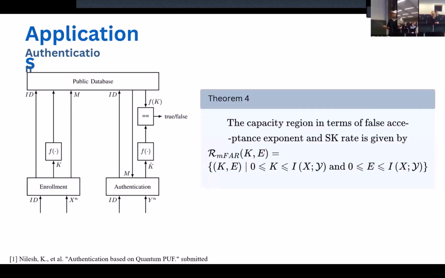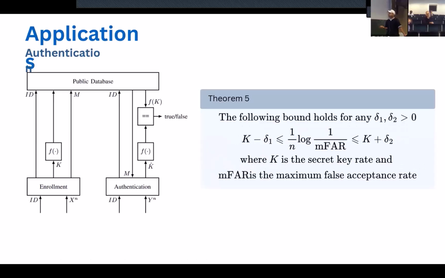This is just one example of information theoretic calculation that we did in our work, bounding the false acceptance rate for the case of quantum PUF. And we also gave a relationship between the false acceptance rate and the secret key you can generate. So if you generate a large amount of secret key, then you can get more security in the authentication.